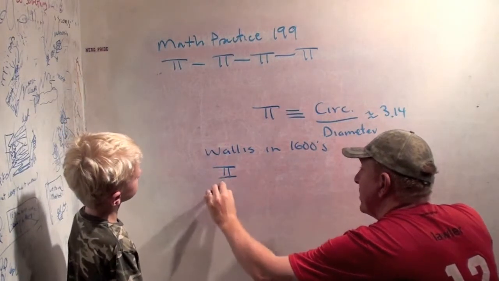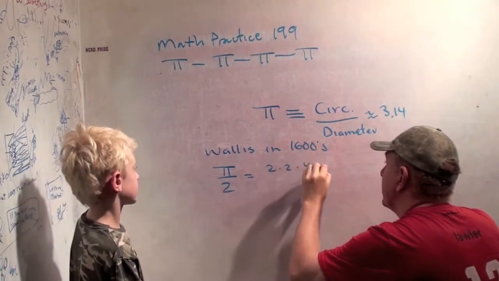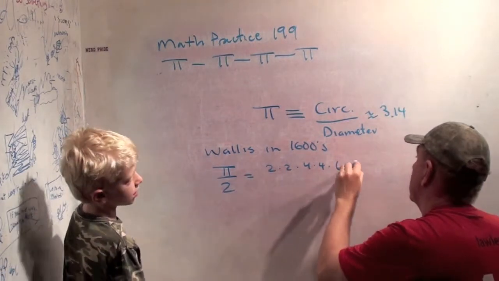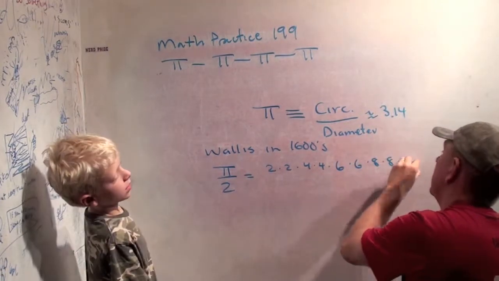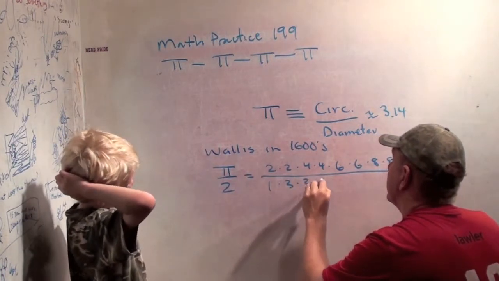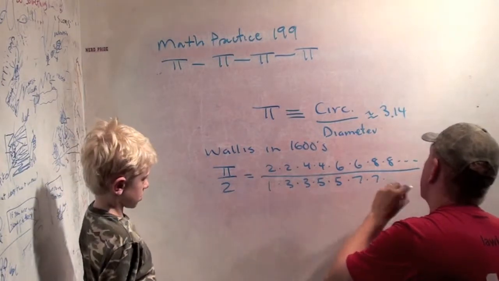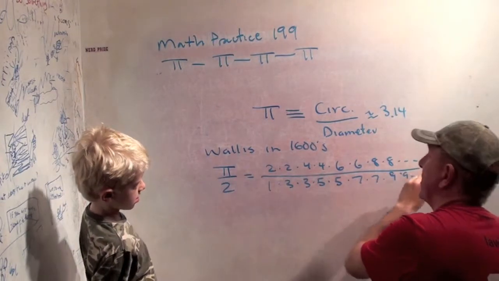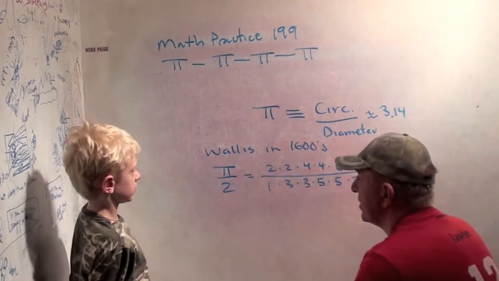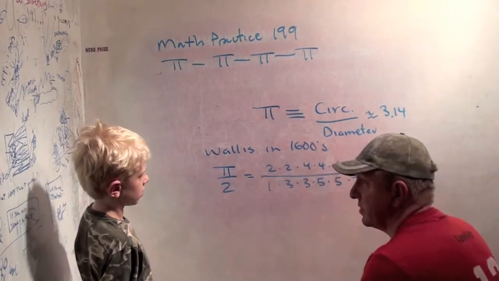He said pi divided by 2 is equal to 2 times 2 times 4 times 4 times 6 times 6 times 8 times 8, all divided by 1 times 3 times 3 times 5 times 5 times 7 times 7 times 9 times 9, etc. So infinitely many products on top and infinitely many products on the bottom. Wow, and he figured this out in the 1600s.